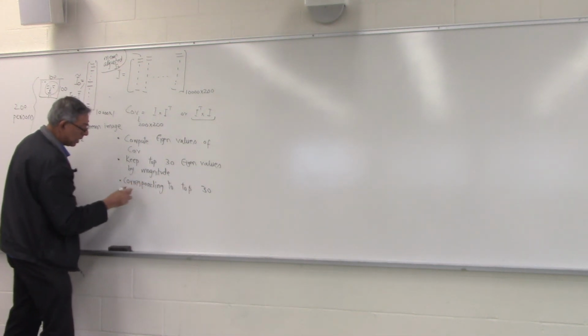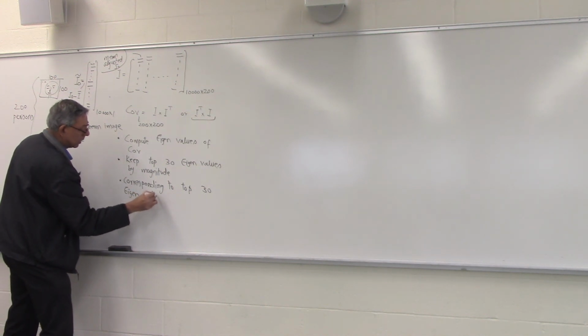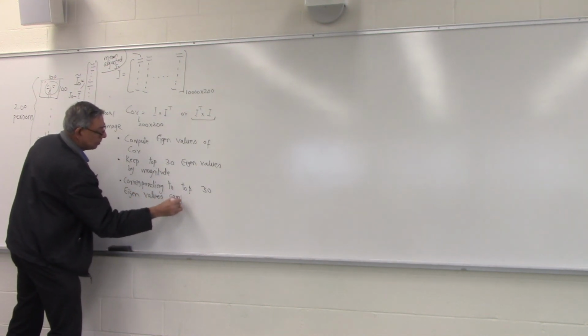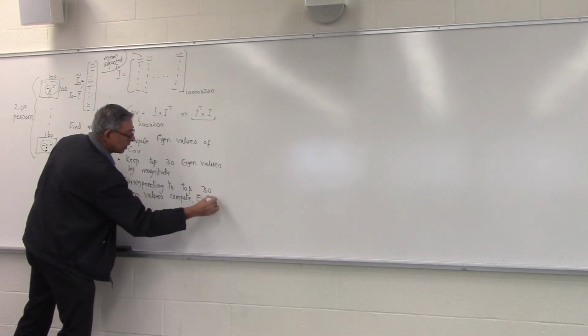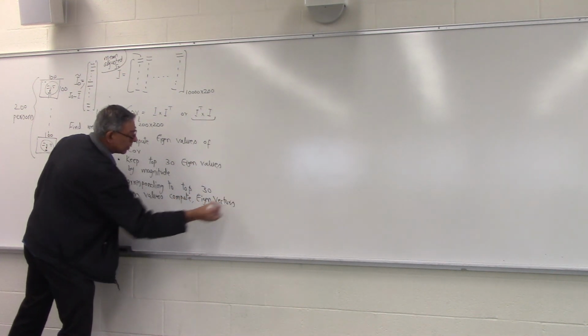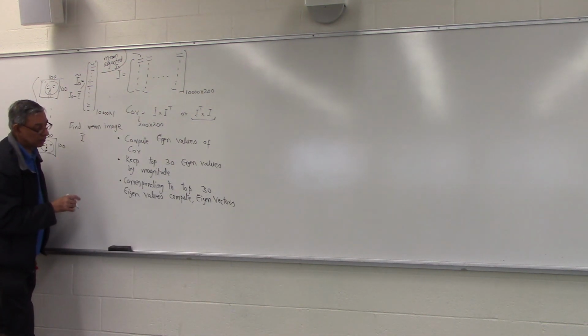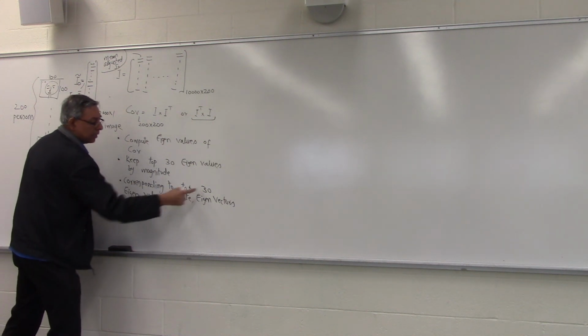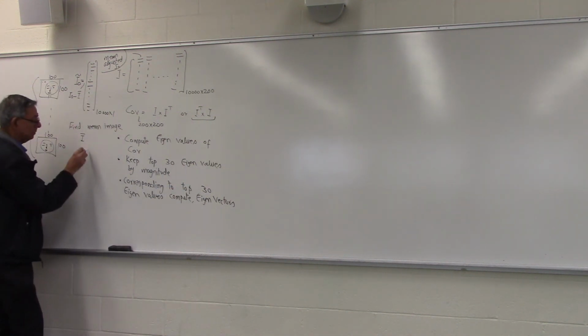So corresponding to the top 30 eigenvalues, compute eigenvectors. How many eigenvectors will we get in this case? Still 10,000? No, only 30, right? 30 eigenvectors.